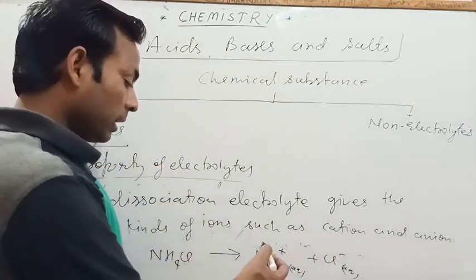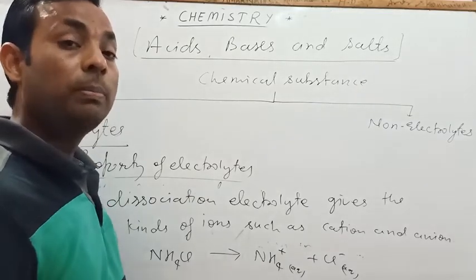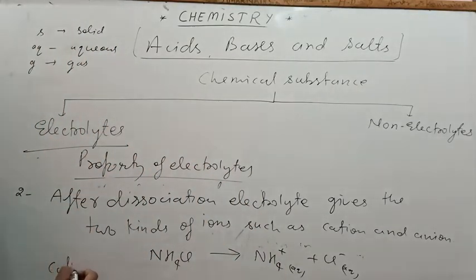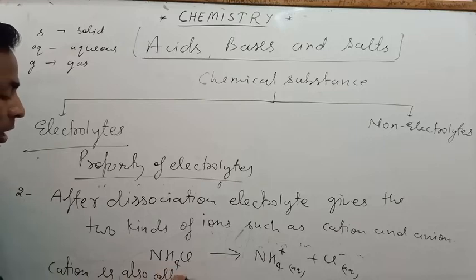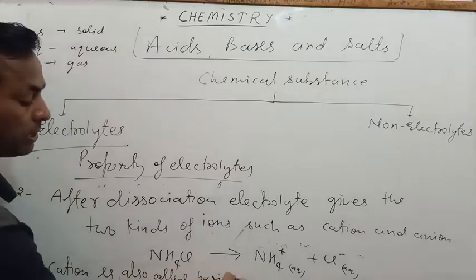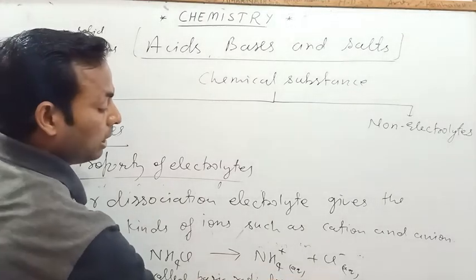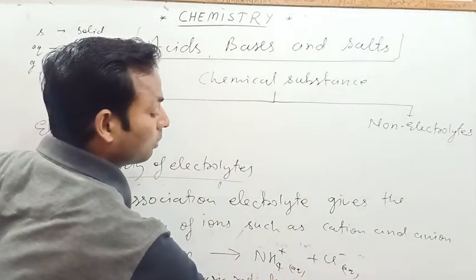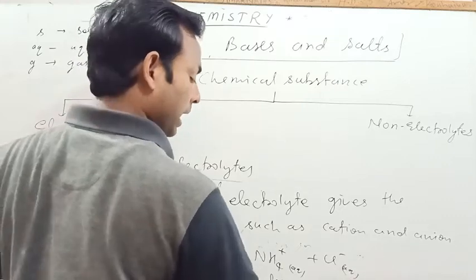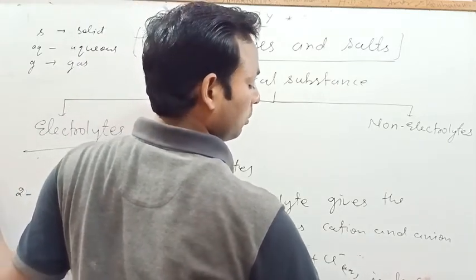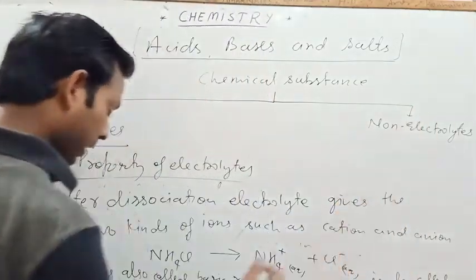One more thing, cation is also called basic radical. Most important thing, cation is also called basic radical, while anion is also called acidic radical.